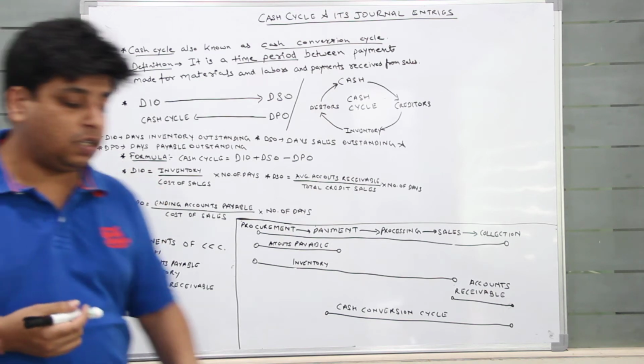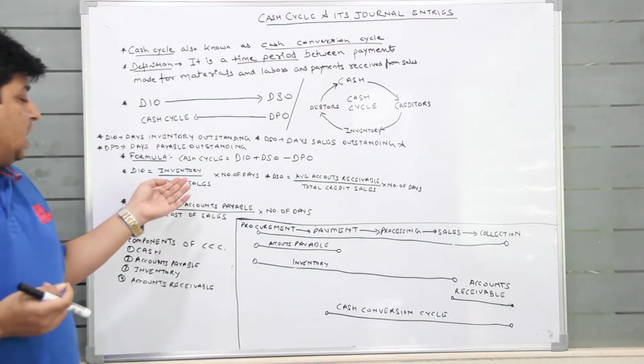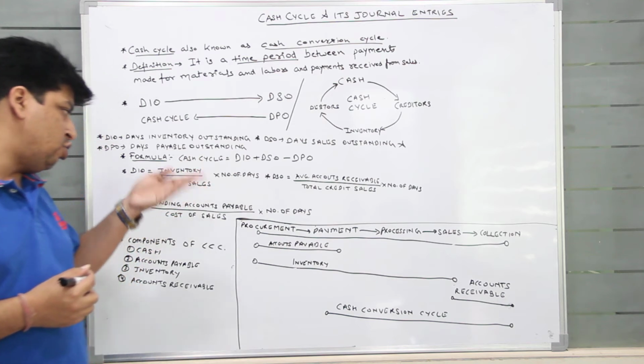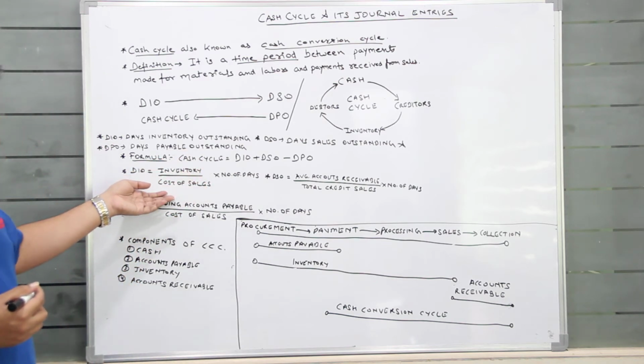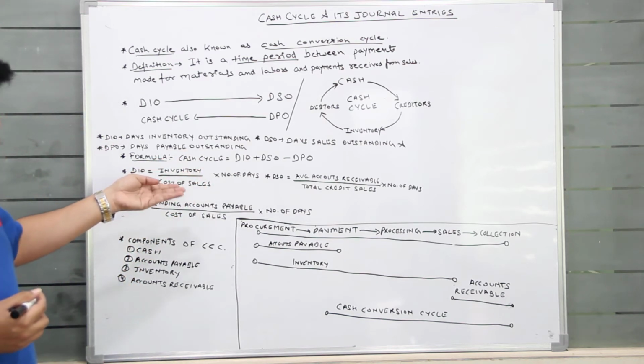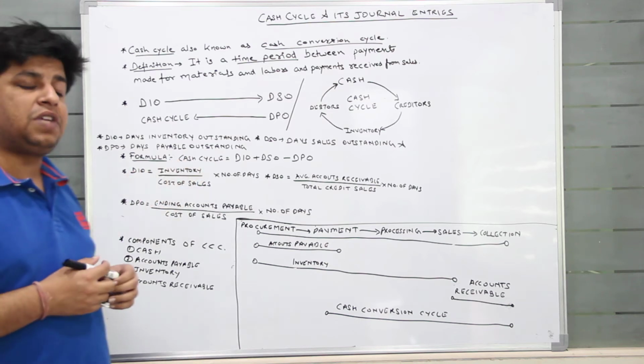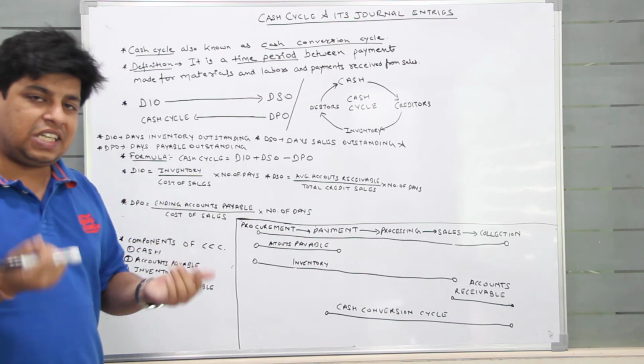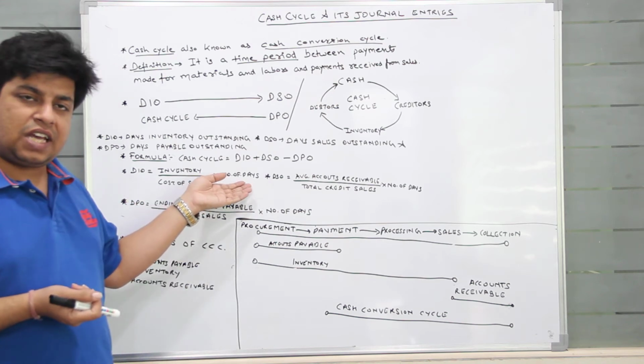The formula will be inventory as the numerator, cost of sales as the denominator, into number of days.